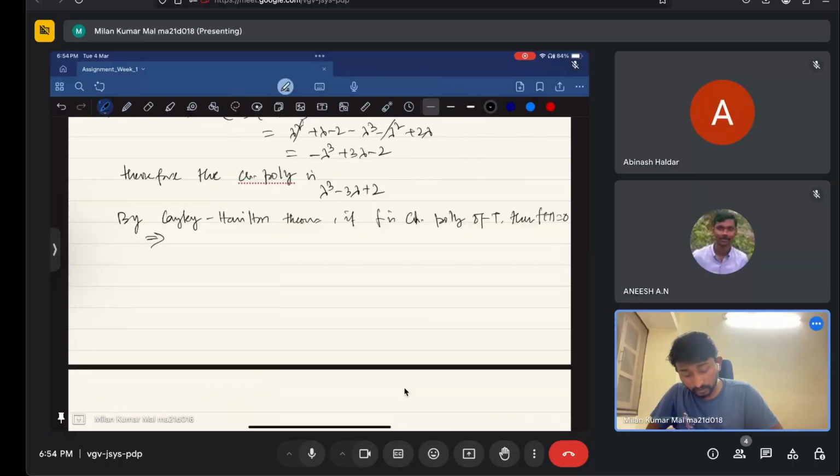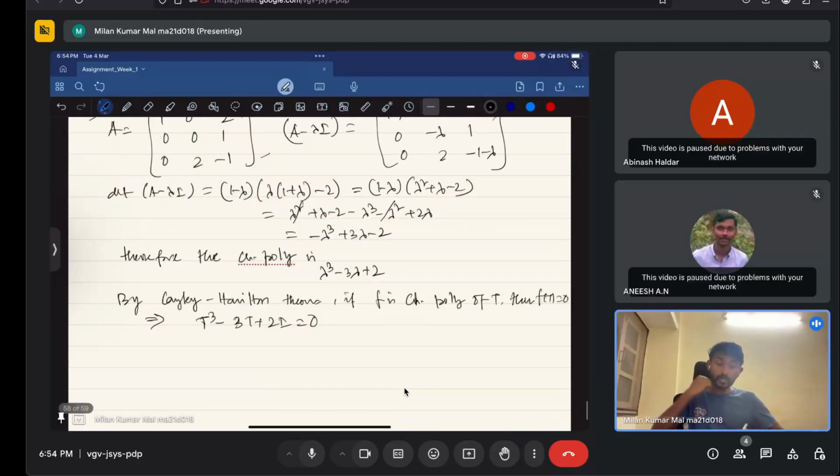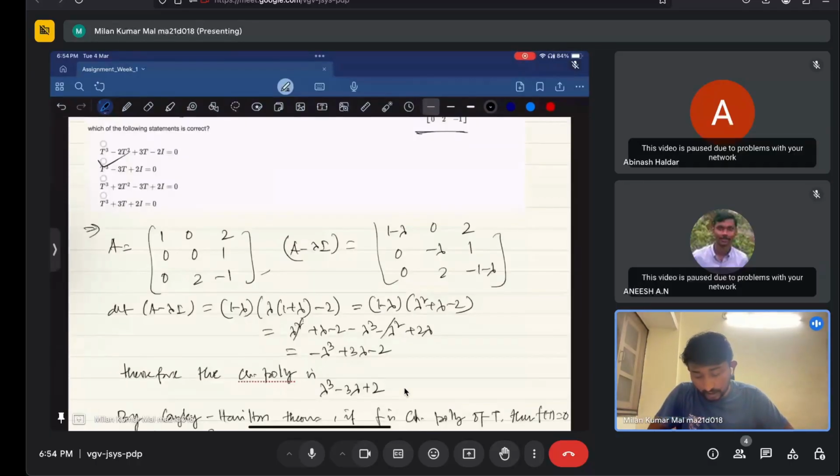Therefore what we are getting is T cube minus 3T plus 2 identity equals 0. So one can see that this is correct. Now the question is whether other options are correct or not.